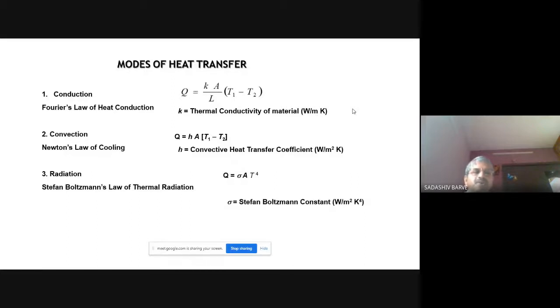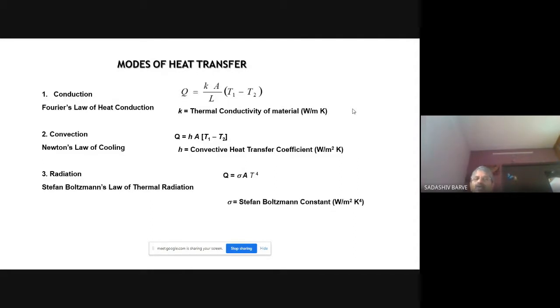Then third is radiation. The Stefan-Boltzmann law basically tells the heat transfer that takes place for a black body, an ideal body, as given, that is Q equal to sigma A T raised to 4.